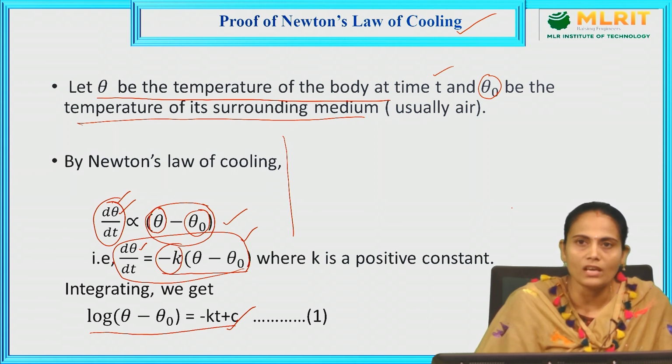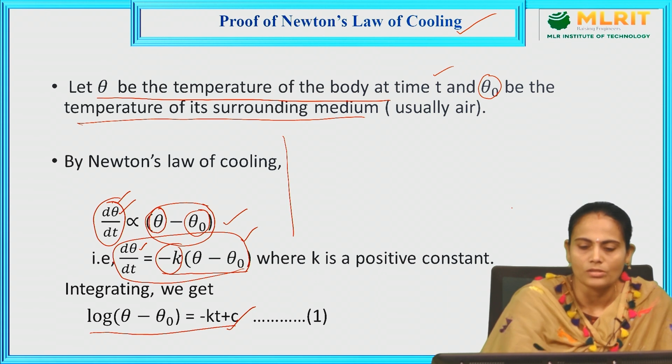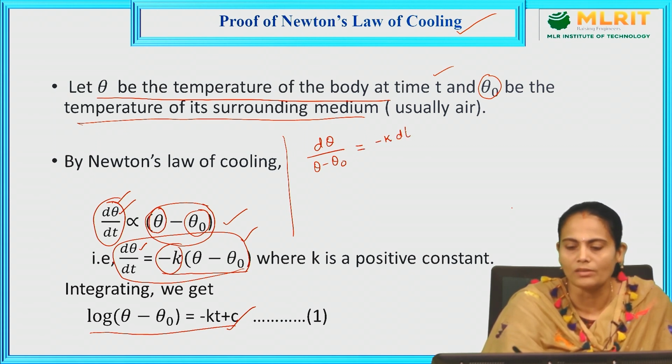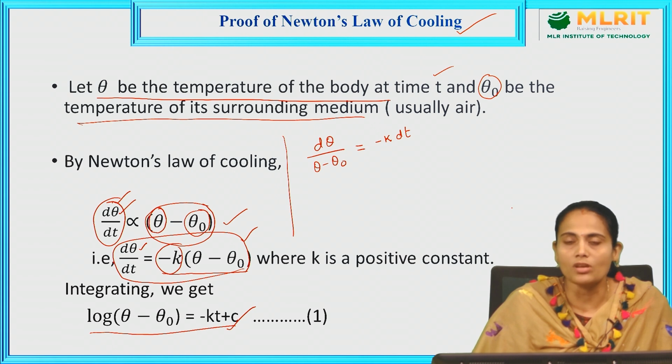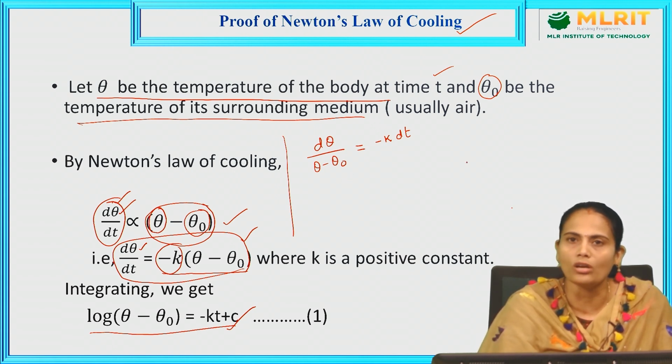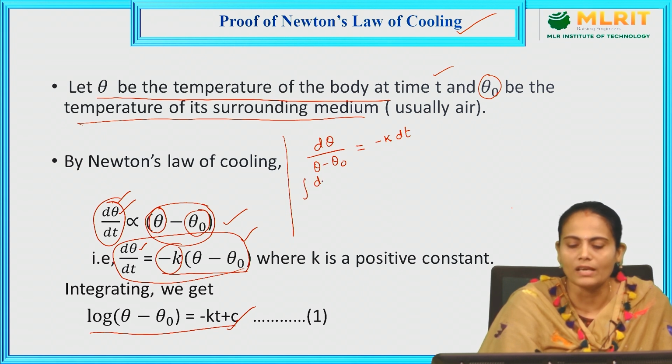Now we use the method of variables separable: d theta by theta minus theta naught is equal to minus k into dt. Now the variables are separated, and we integrate on both sides: integral of d theta by theta minus theta naught is equal to minus k into integral dt plus c.